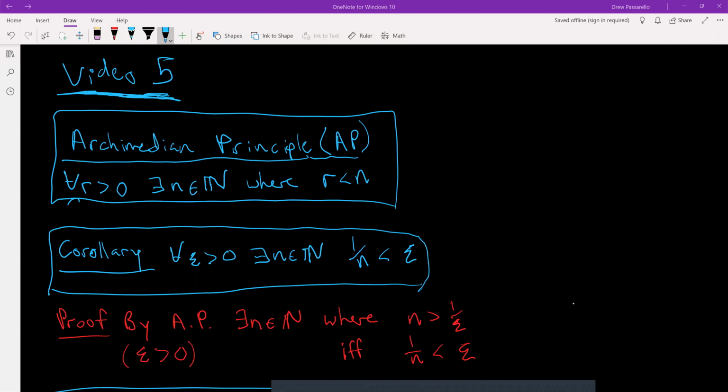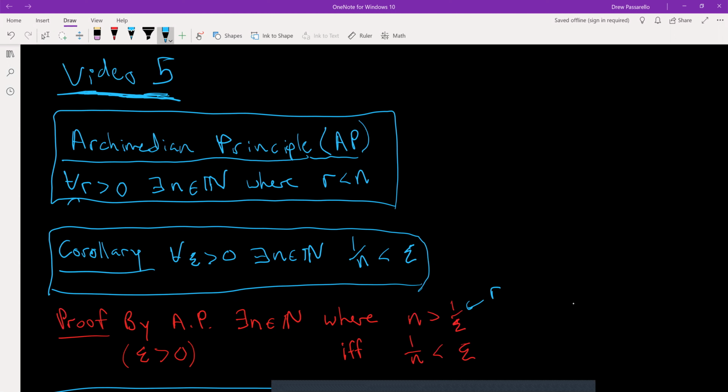So this is my r in the Archimedean principle. That's if and only if 1 over n is less than epsilon, because when you take the reciprocal of both sides, that reverses the inequality sign.